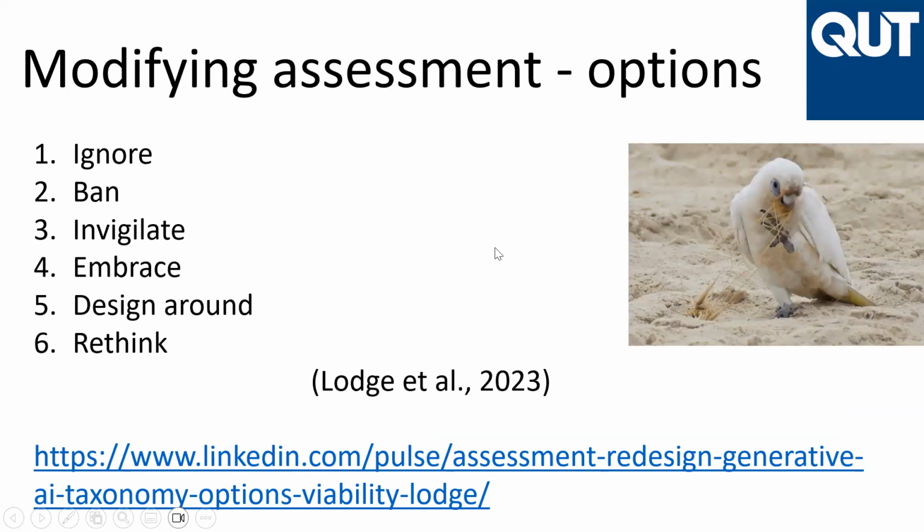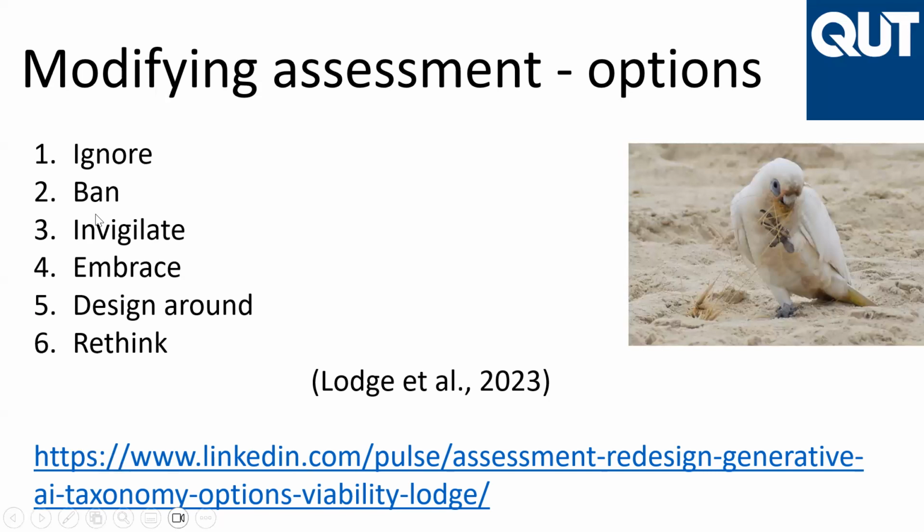Jason Lodge, who is at University of Queensland here across the river, and his colleagues have created a taxonomy of options and viability around generative AI in relation to assessment. And I've come up with 6 things to consider.